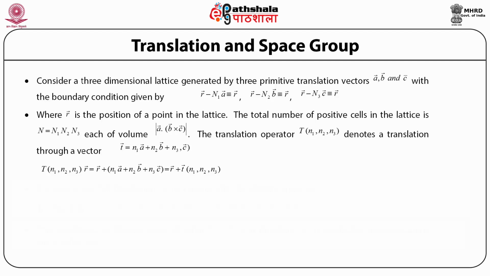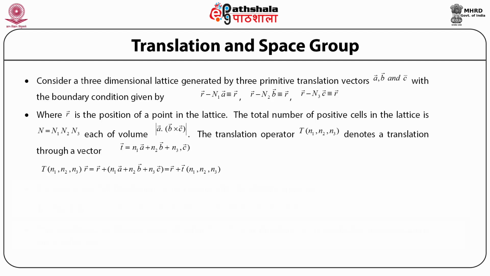So in this way, you can see that the total number of primitive cells in the lattice is capital N equal to N1 times N2 times N3. Notice that N1, N2, N3 are integers, and each primitive cell has a volume given by the triple scalar product a dot b cross c.